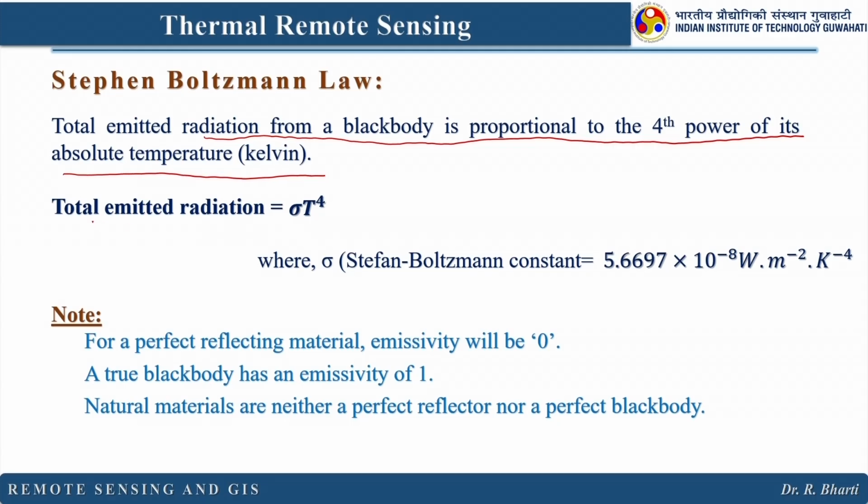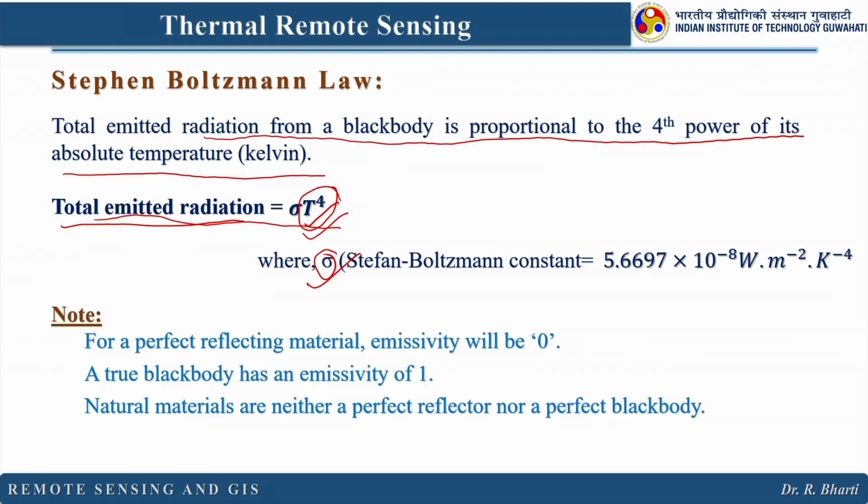So total emitted radiation is equal to sigma T to the power 4, where sigma is the constant and T is the temperature, right. So if you know temperature, you can calculate the total emitted radiation. If you know total emitted radiation and sigma is known, then you can calculate the temperature, right. So basically, if any one of them is known, you can easily calculate.